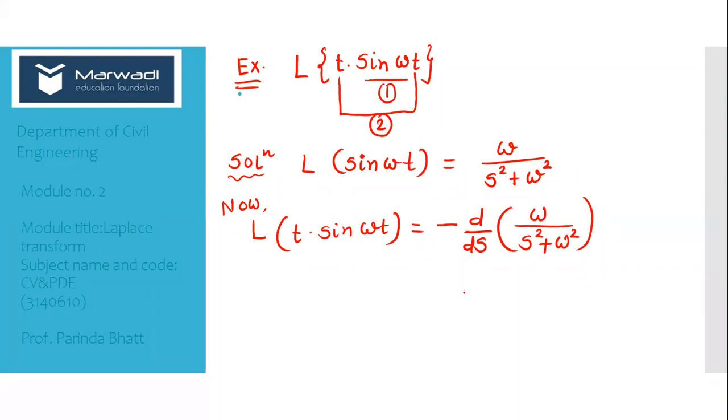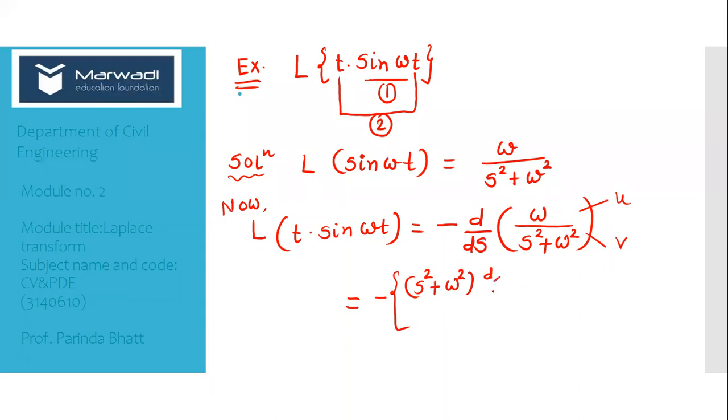Using which rule? Using the u by v rule, right? Division rule of the differentiation, right? This minus sign is as it is, into the bracket, v as it is, derivative of the omega, right?